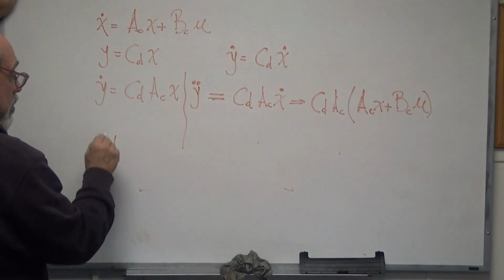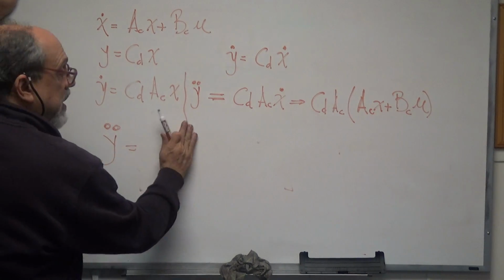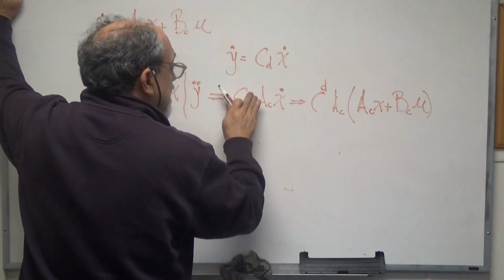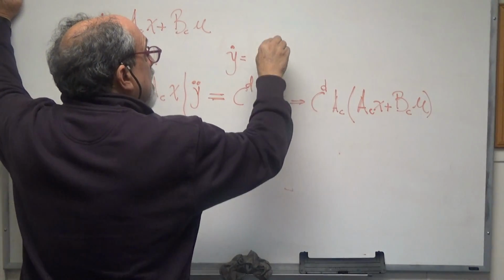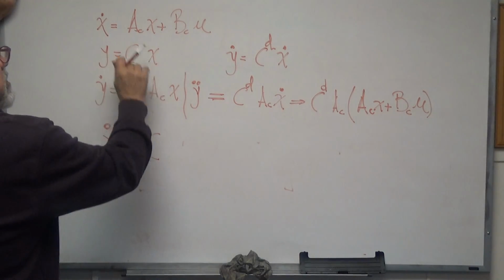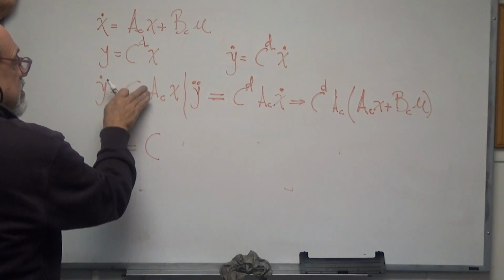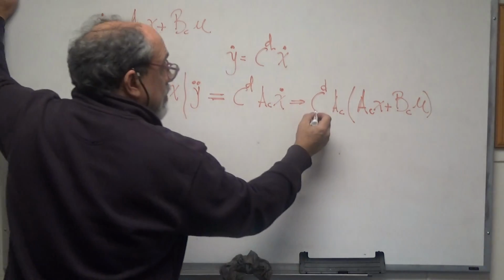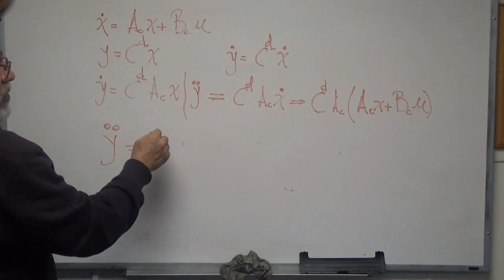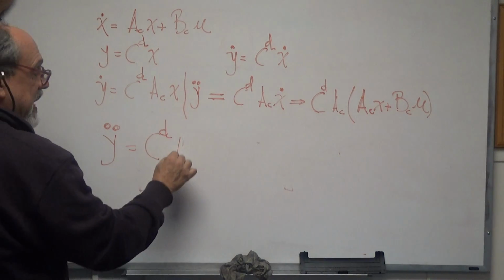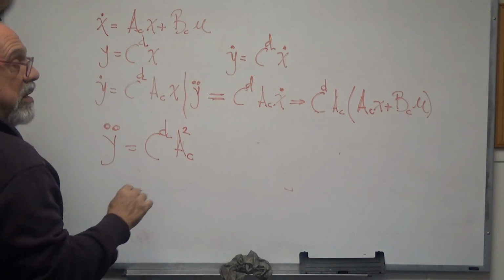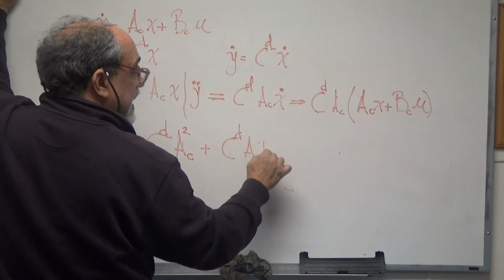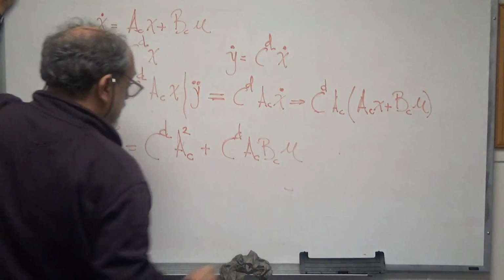Or y double dot is equal to what? Not to be confused with discrete time. So this is CD times AC squared times x plus CD times AC times BC times U, right?